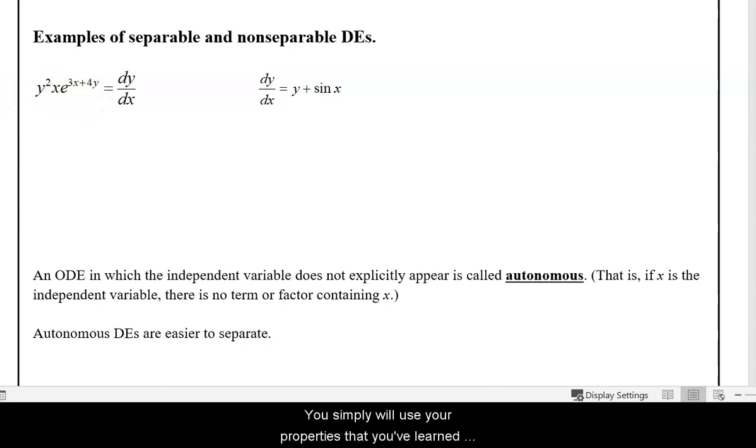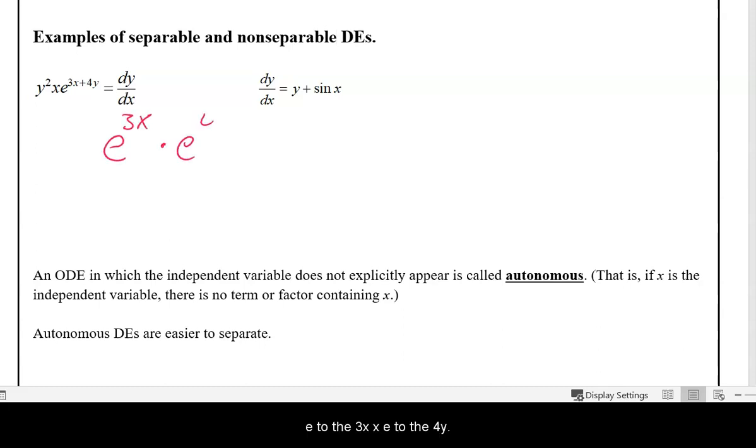You simply will use your properties that you've learned in your college algebra class to rewrite that exponential as e to the 3x times e to the 4y. Remember that when the bases are the same, you add the powers. So this factor here is equivalent to this factor here.